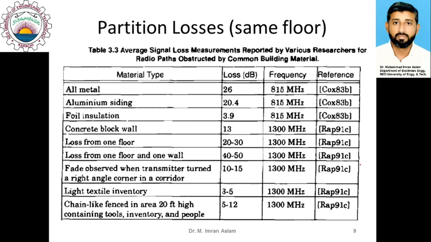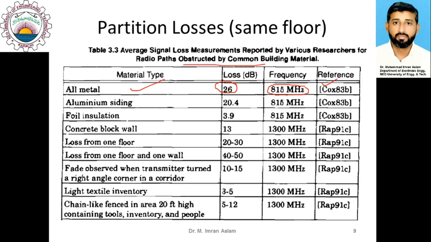So for example, Cox in his work studied the effect at the frequency of 815 megahertz, and he saw that if the communication is blocked by an all metal blockage, you would expect a loss of 26 dB when the signal passes through those metal based obstructions.